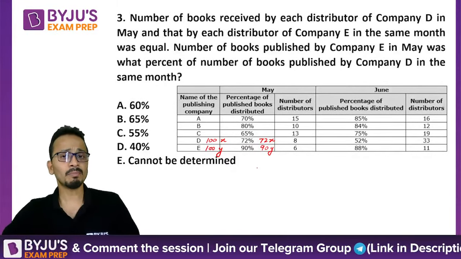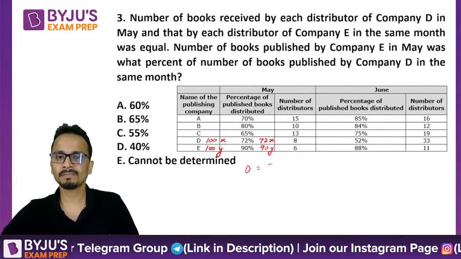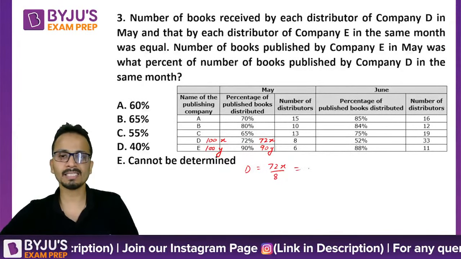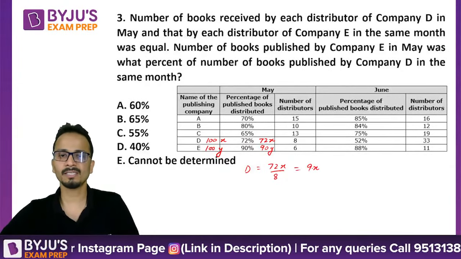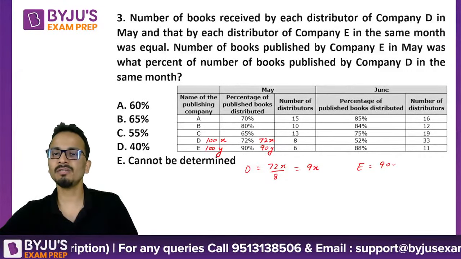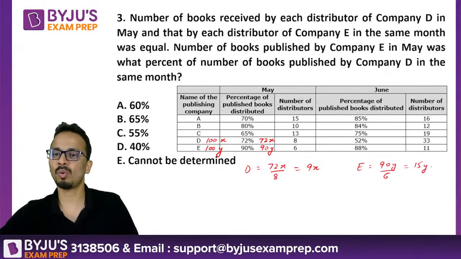Now the number of books received by each distributor for D will be 72x divided by 8, and that is equal to 9x, and for E it will be 90y divided by 6, and that is 15y.